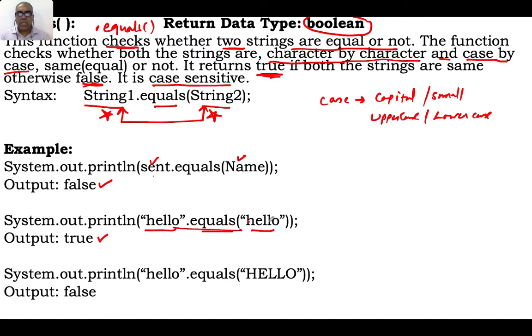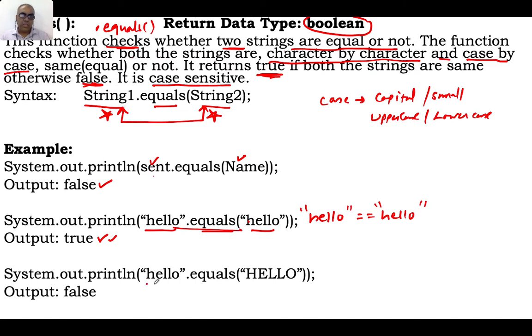Now the same thing I can write also as hello equal to equal to hello. This will also return me true. Equal to is allowed now. The olden version did not work with the equal to sign, but as and when the updates have started coming, equal to is working in place of dot equals.